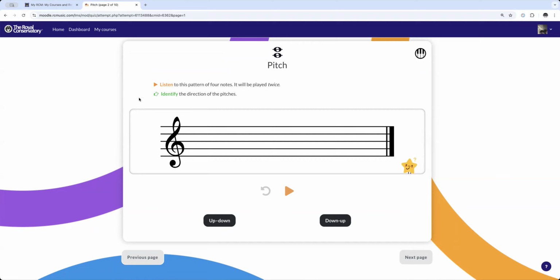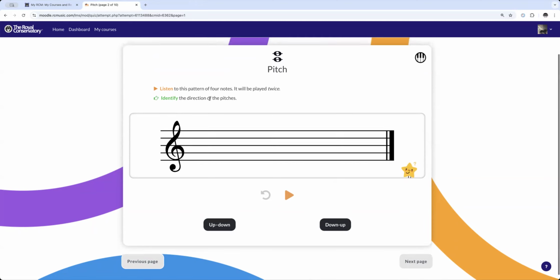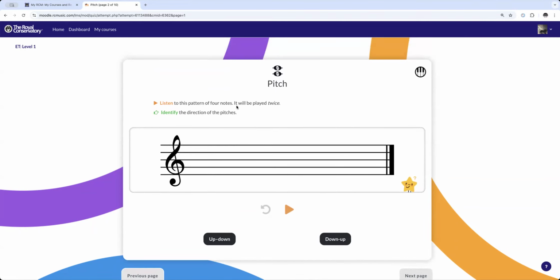Listen to this pattern of four notes. It will be played twice, and identify the direction of the pitch. Okay, now let's start. This one is up, down, or down, up.